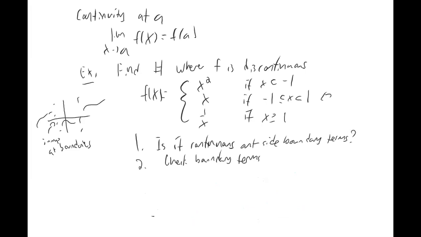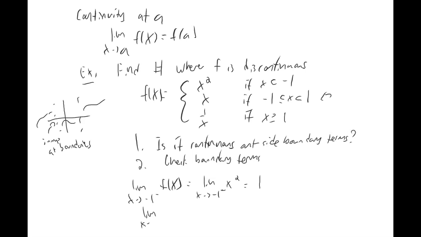So from here, you check that the limit at -1 exists first. At -1, what is the limit as x goes to -1 from the left? I'm taking values smaller than -1, so I'm using x squared, and if I plug in -1, I get 1.